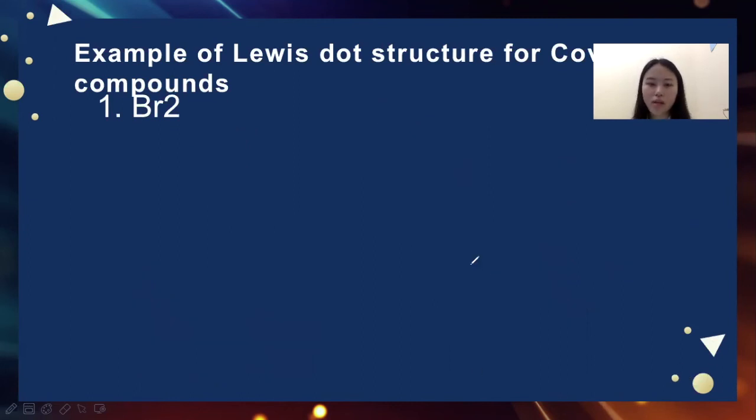Okay, so next question. Question number 2. This is an example of Lewis dot structure for covalent compounds. First, we need to separate the elements like before: O, C, O. And then check the valence electrons from the periodic table.